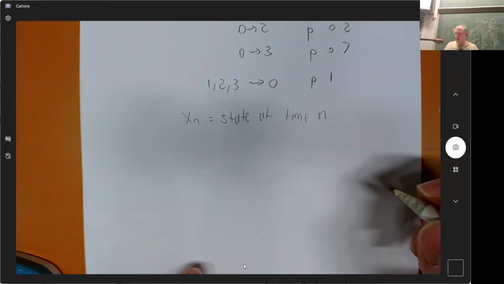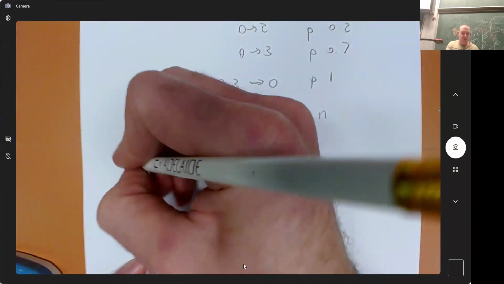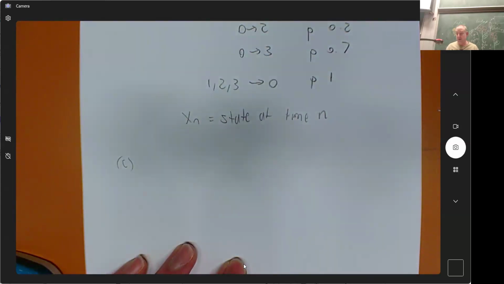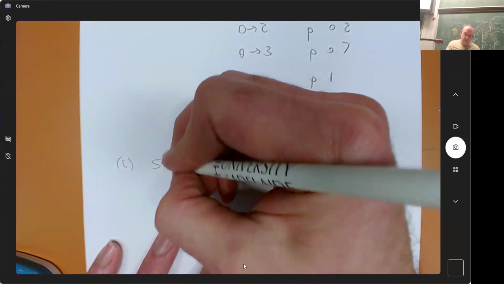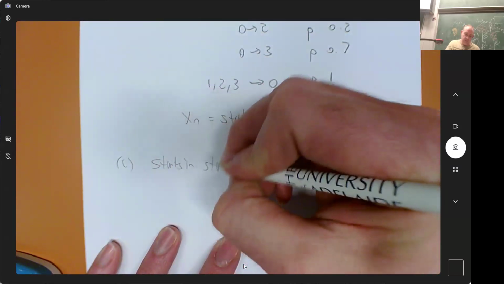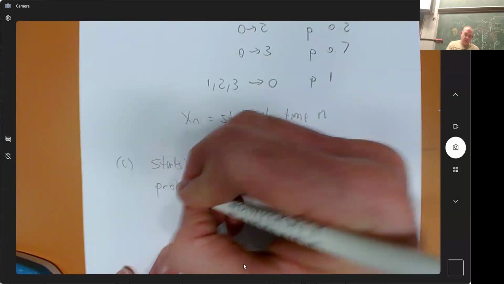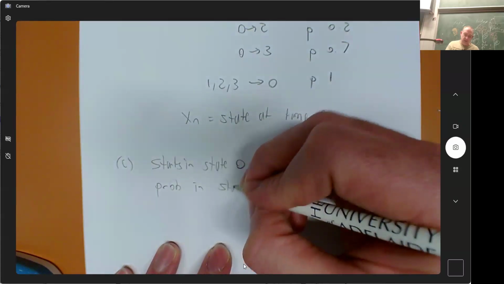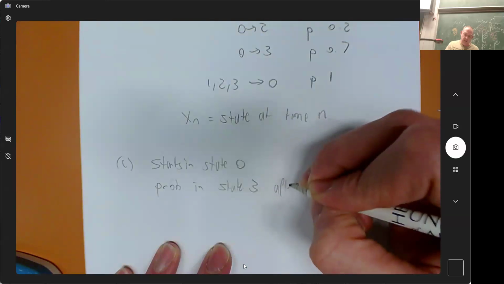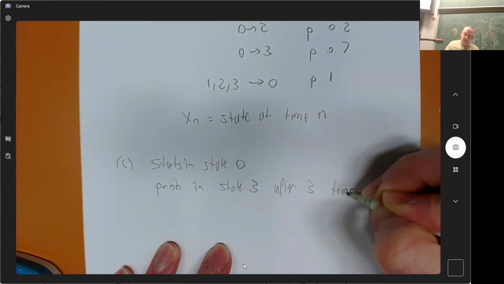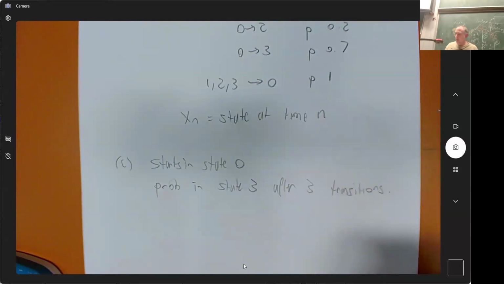Draw the state diagram, write down the transition matrix, and you're specifically interested in part C, right? Assuming the machine starts in state 0, what is the probability that it will be in state 3 after 3 transitions? You should derive your answer by expressing the probability in correct notation and then applying the properties of Markov chains.